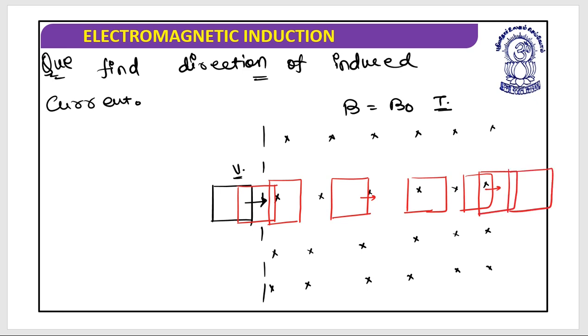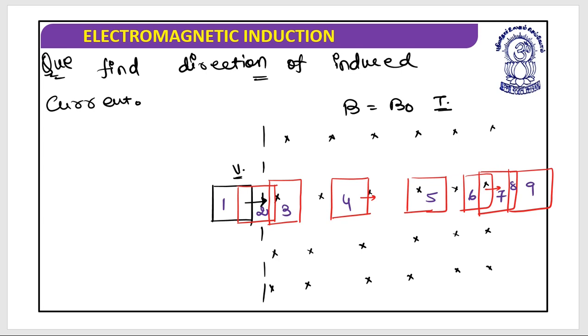So let's give them numbers. This was the first situation, this was the second situation, this is the third, fourth, fifth, sixth, seventh, eighth and ninth. So these are the different situations.